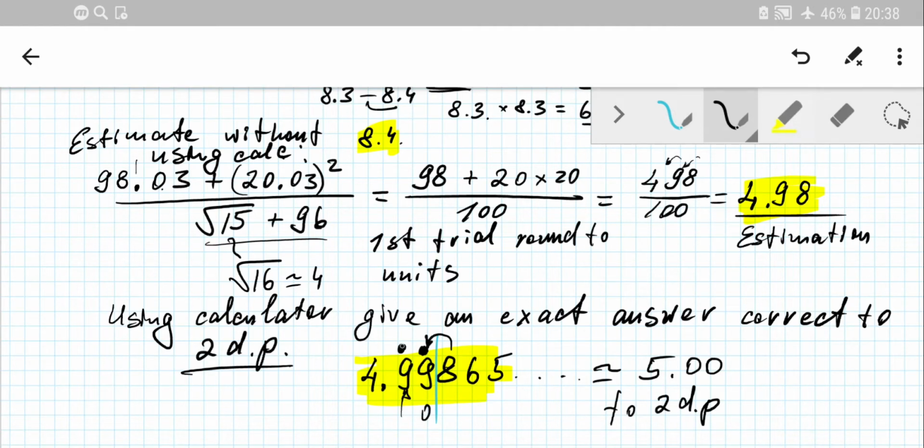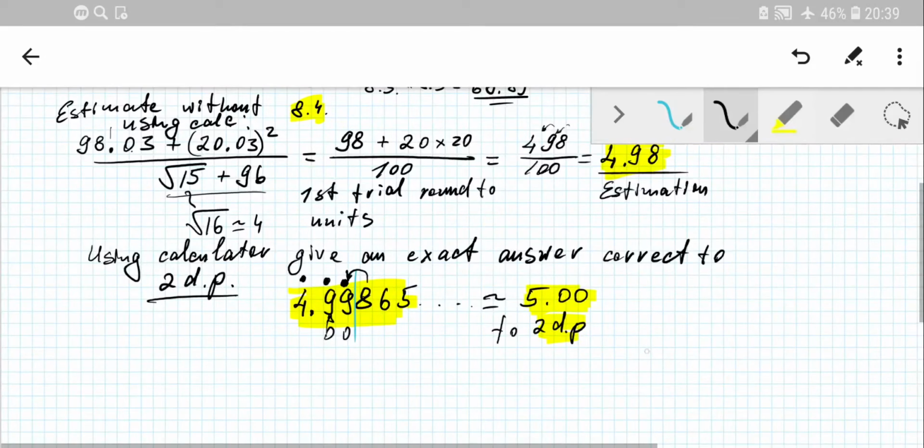So 9 gets 1, so it becomes 10. So you've got 0 here and an extra 1 goes to the whole number, so 2 units. So that's why I've got 500. And because of two decimal places, you cannot discard those zeros, so you need to leave them. Okay, so that's your number. This is an exact answer, correct to 2 decimal places.